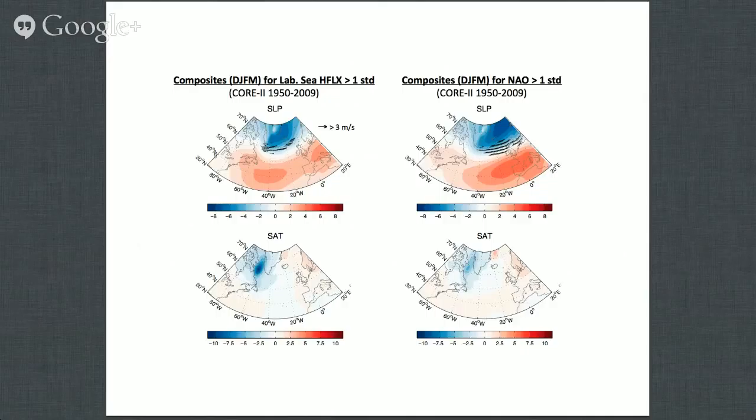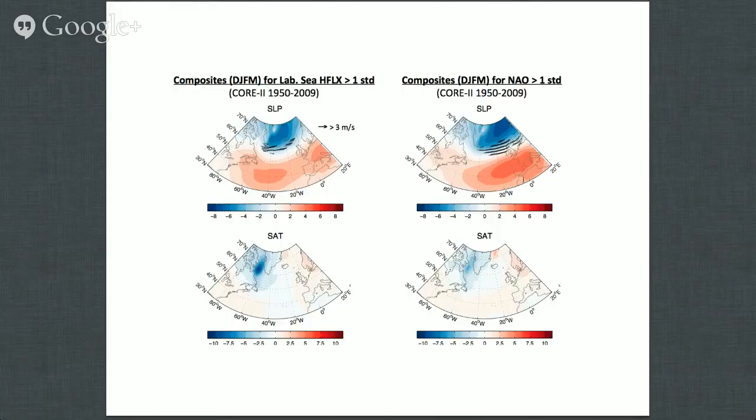And you can see the pattern is, well, similar to the NAO, but definitely you can see this second maximum in the western North Atlantic, and also this Icelandic low is shifted to the west a little bit compared to the NAO pattern.